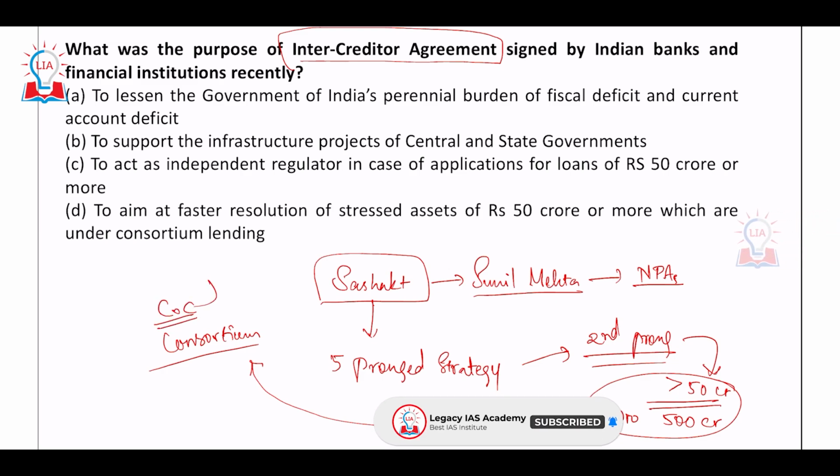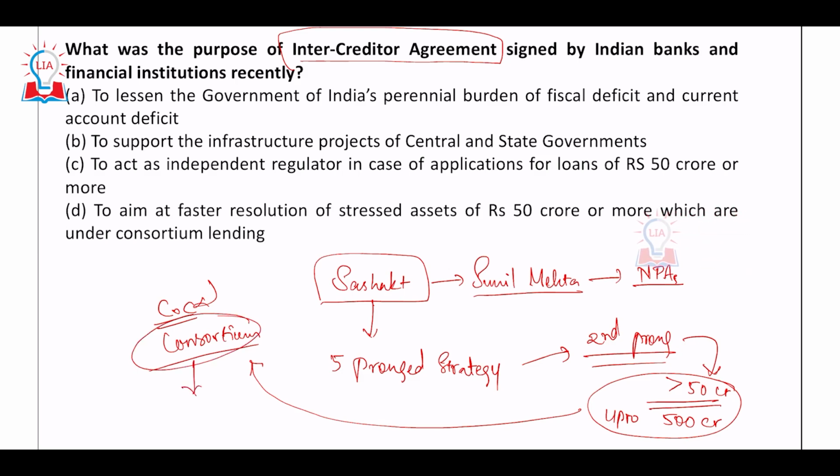All the creditors who have lent the money, they all will come together and come up with a plan and resolve this NPA issue, right? So this was aimed at the faster resolution of stressed assets of 50 crore or more, which are under consortium lending, right? Group of banks or financial institutions lending. So D is the answer quite easily, right?